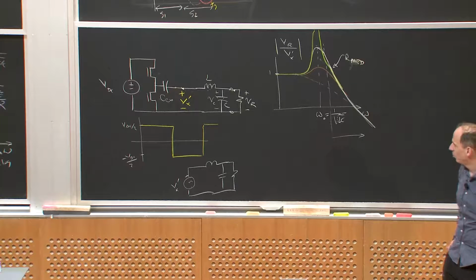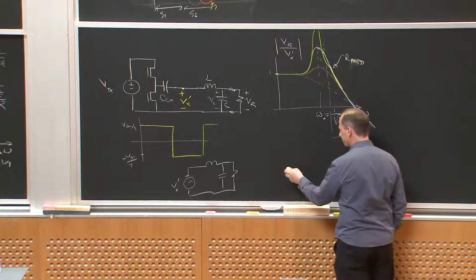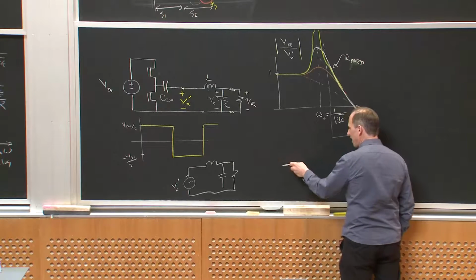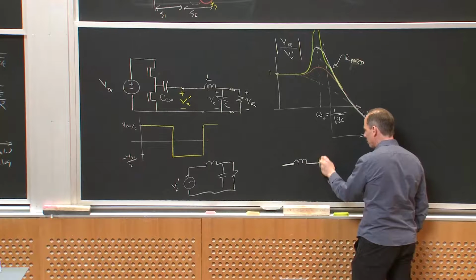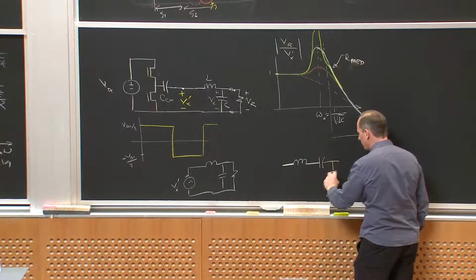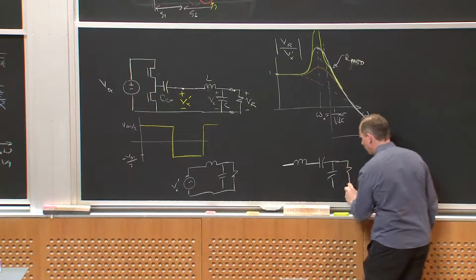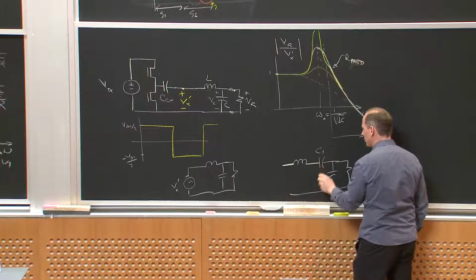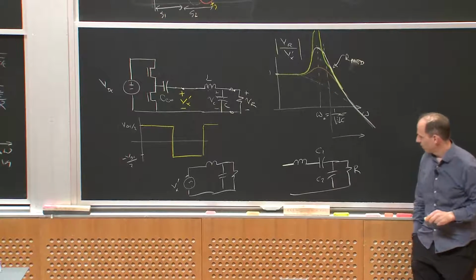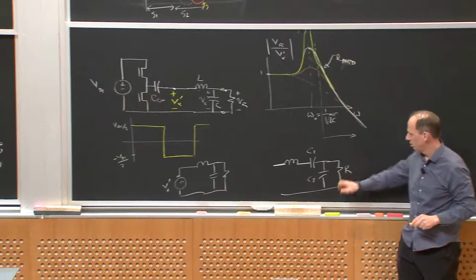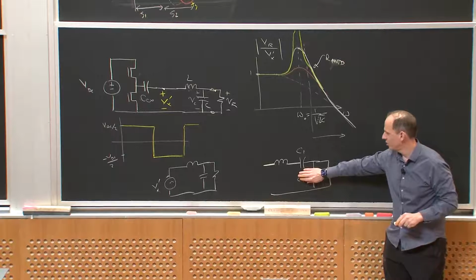So for example, one thing people might do is have a network that looks like this. I'll have two C's and an R. Maybe I'll call this C1 and C2, and this is R. If R is small, then it shorts out C2, and I can ignore that.